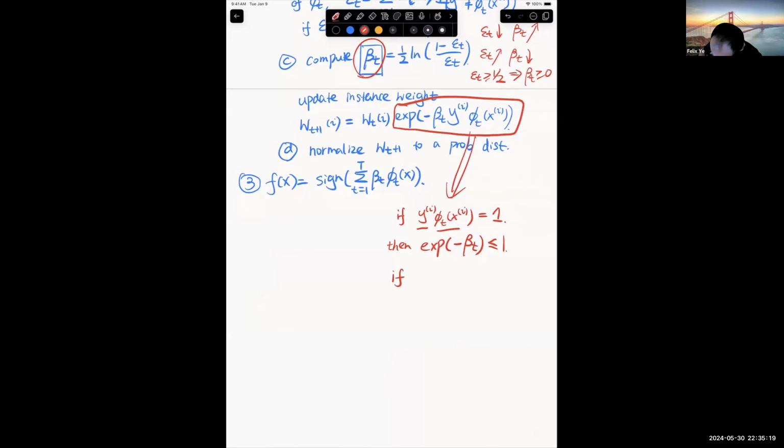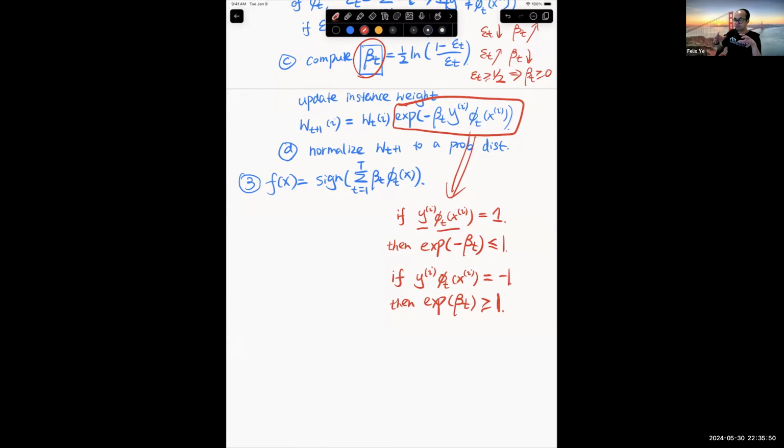If yi times phi t of xi is equal to -1, that means we have an incorrect prediction. Then I'm going to multiply that specific point by the weight of exponential of beta t. So that means in this case, this will be bigger than or equal to 1.